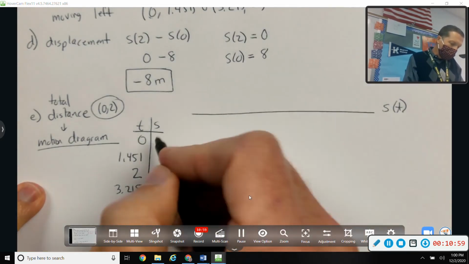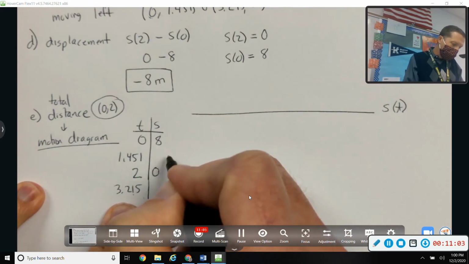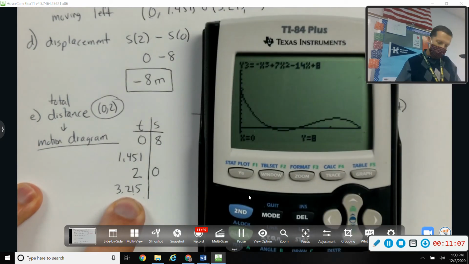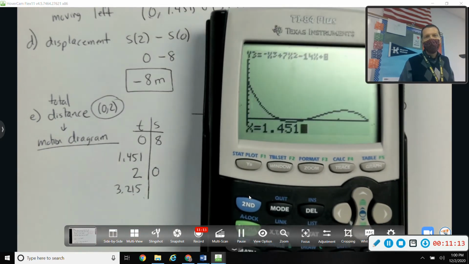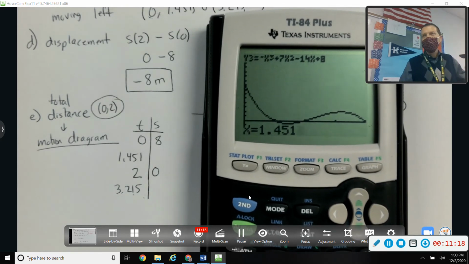So S of 0 we already know is 8. S of 2 is 0. S of 1.451, I'll let the calculator handle that. So I'll plug in 1.451, but rather than me cubing it, squaring it, just let the calculator do all that stuff.